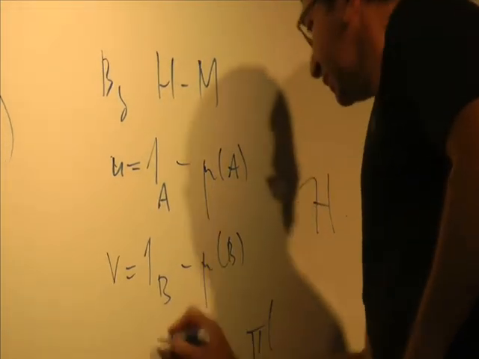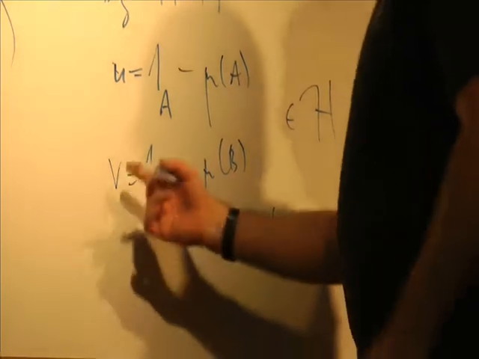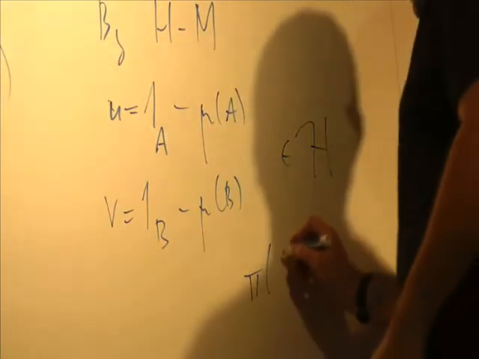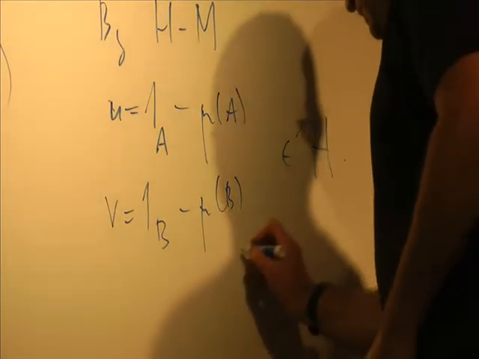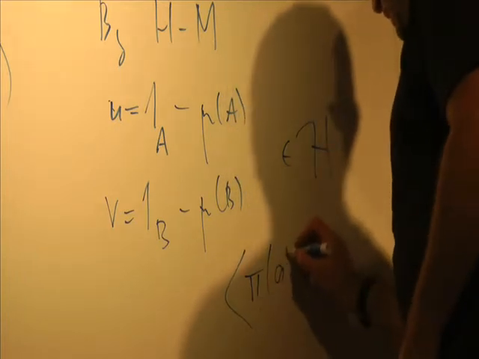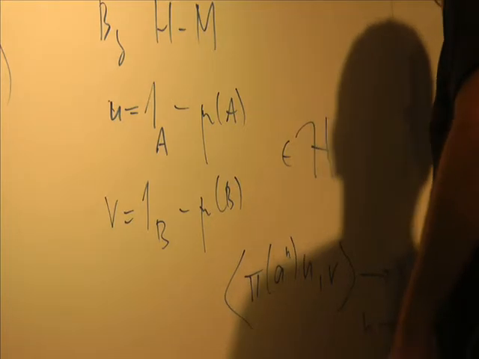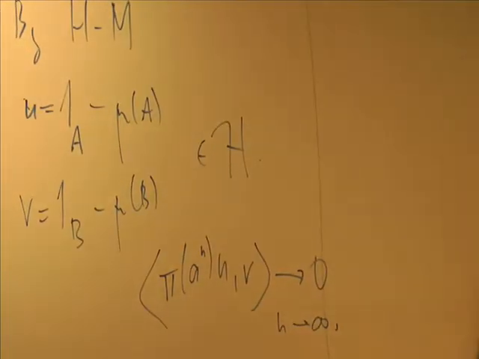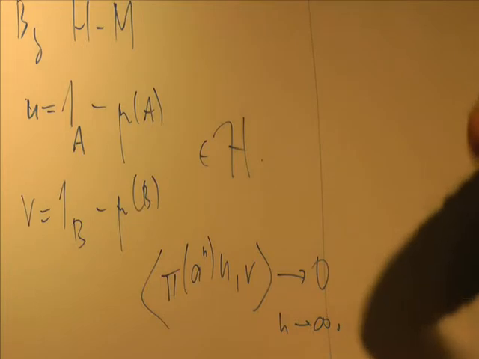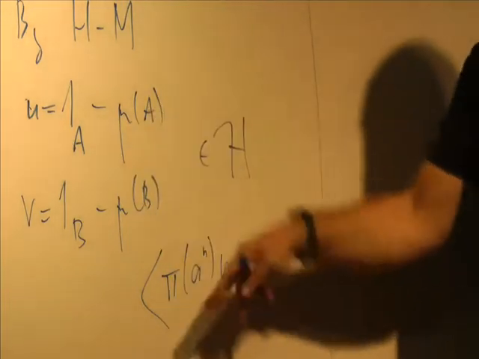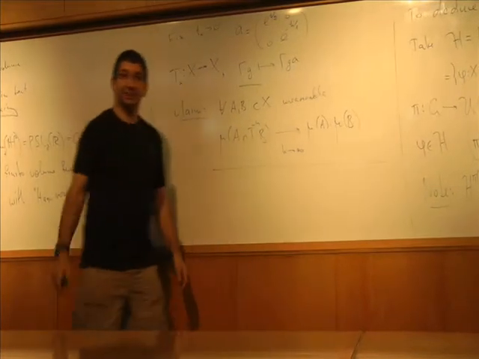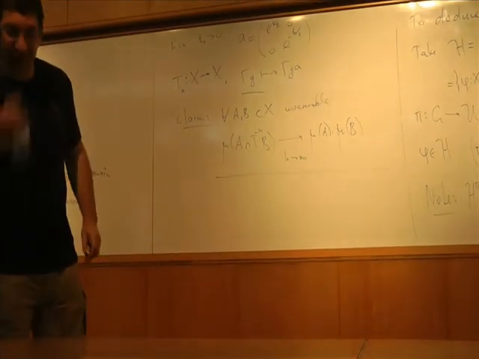By Howe-Moore, since there are no invariant vectors, we have that the inner product of pi(a^n)u and v goes to 0 as n goes to infinity. Right? Because powers of this element go to infinity. And if you do the calculation, you will see that the thing on the left is the difference between this and this product. It's just computation of the inner product.